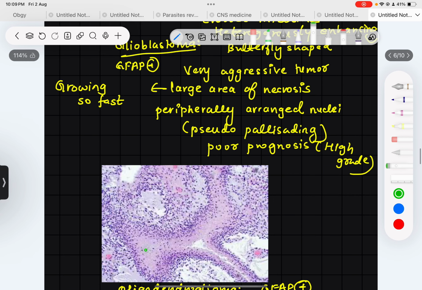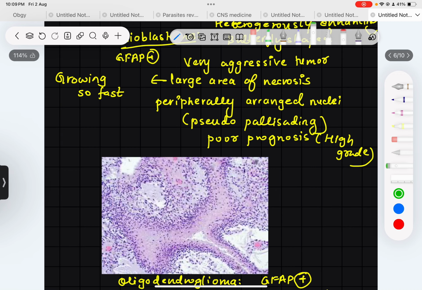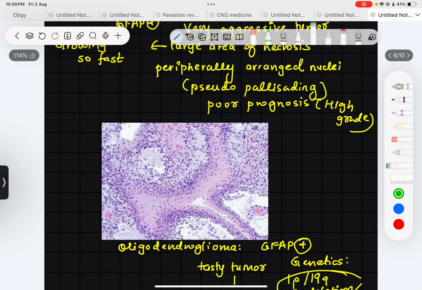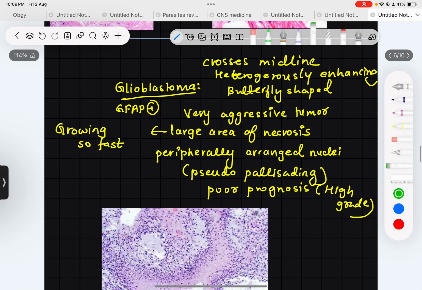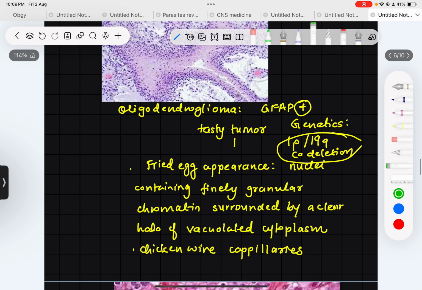As you can see here, this large area of necrosis and the peripherally arranged nuclei. This pattern is known as pseudopalisading pattern. In gross appearance, it is going to be butterfly shaped and crosses the midline, a heterogeneously enhancing tumor.